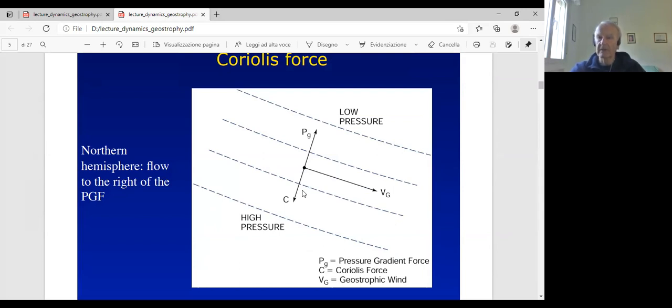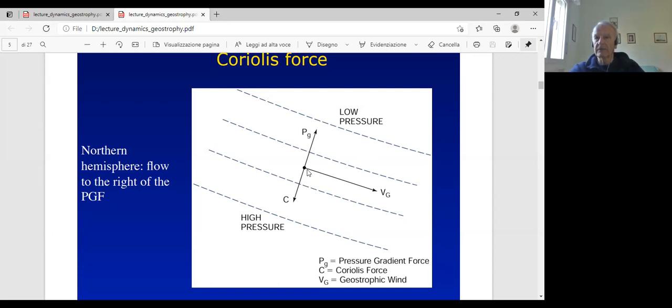But what does that mean in terms of the flow? In order to get the Coriolis force exactly balancing the pressure gradient force, the flow should be in such a way that it leaves the low pressure on its left, or high pressure on its right. That's the unique solution of these equations.